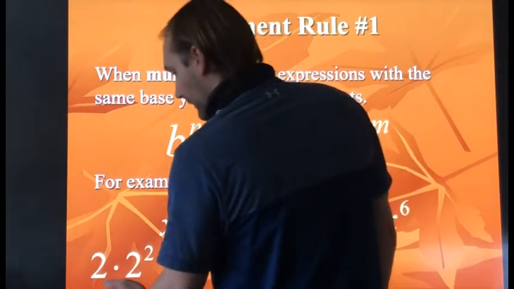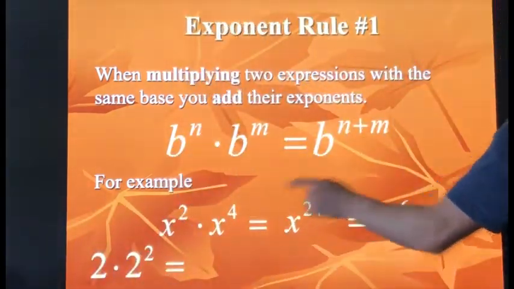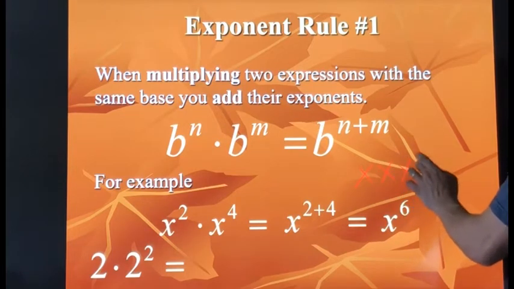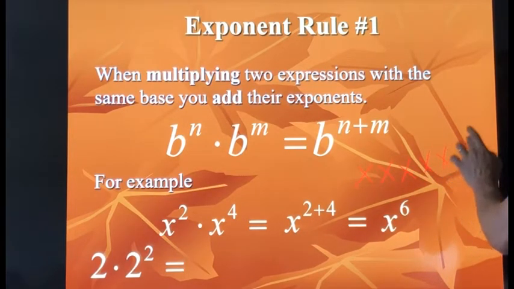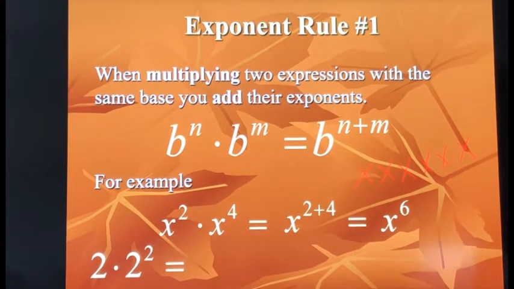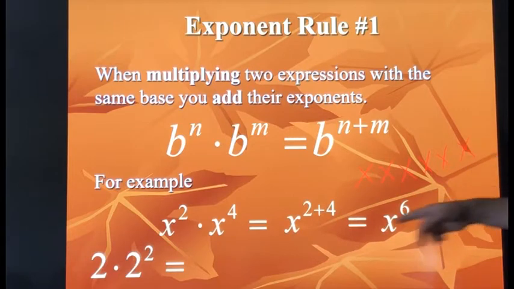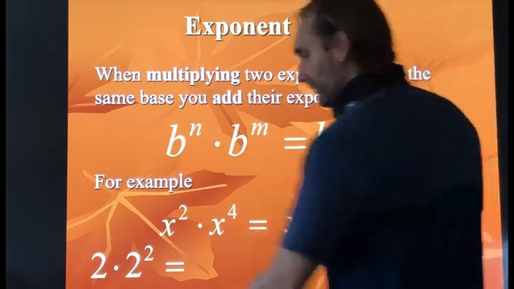Say I didn't want to be lazy math and write this out. x squared is how many x's? 2. And x to the fourth is how many x's? 4. Count them all up, you're adding them all up, right? And it's 6. That's why we're adding the exponents, because you're adding how many times you see this.